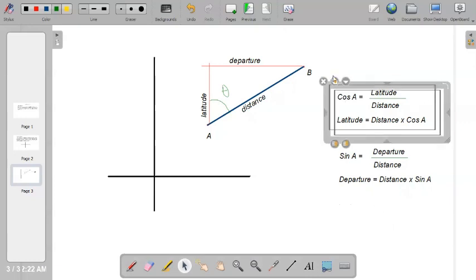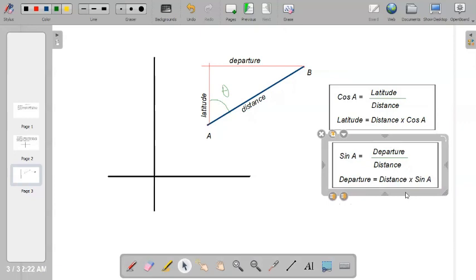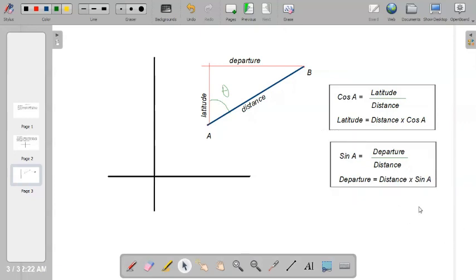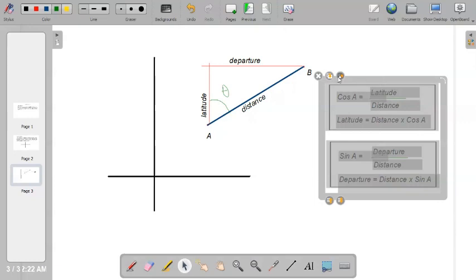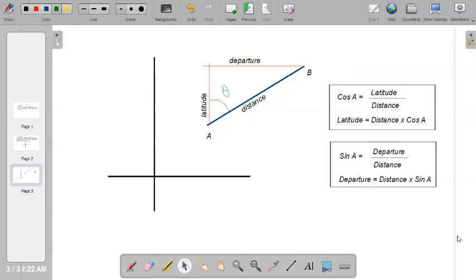All right, so here you go. How about the tangent?